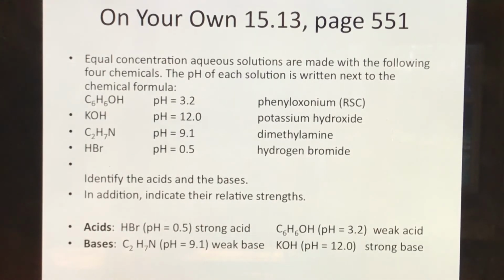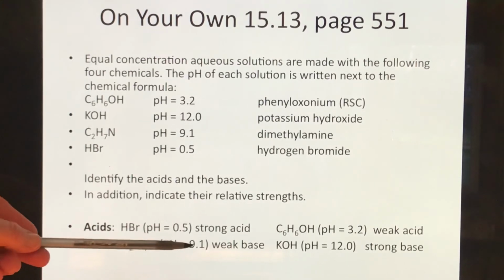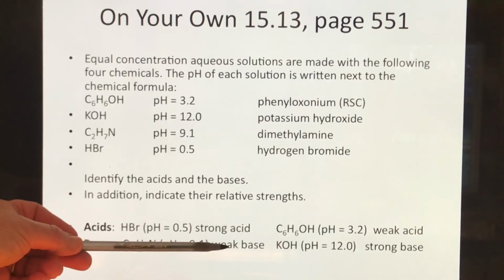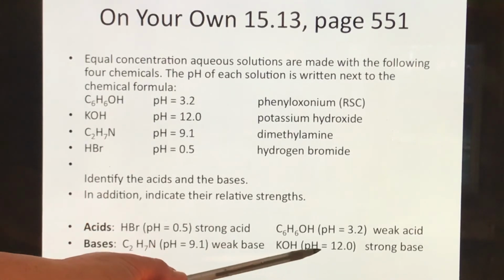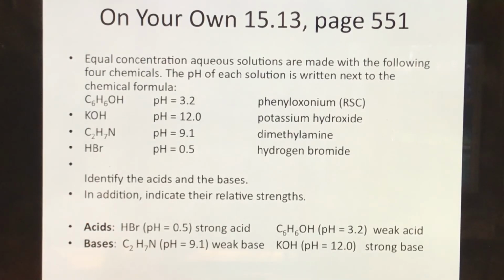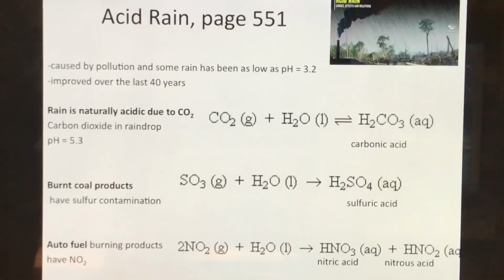The book considers that a weak acid. Then the bases are greater than 7. So we have the C2H7N, the dimethylamine, that is pH 9. It's considered a weak base. And then the other base, the potassium hydroxide, is at 12, and that's considered a strong base.